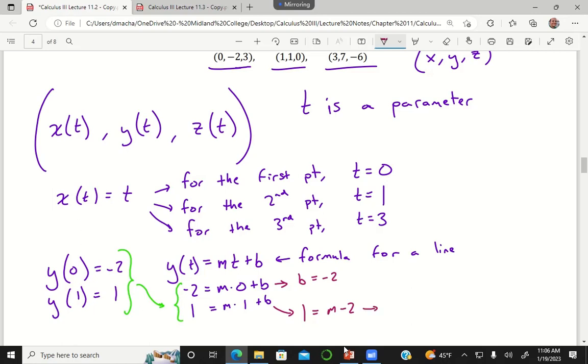And that tells me that m is equal to 3. And now I can write that my y of t function, if it's a linear function and if it contains the 2 points, it has to be y of t equals 3t minus 2.